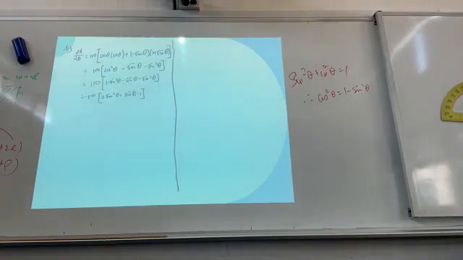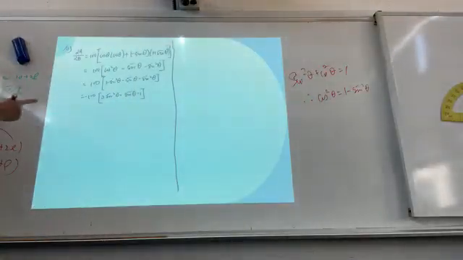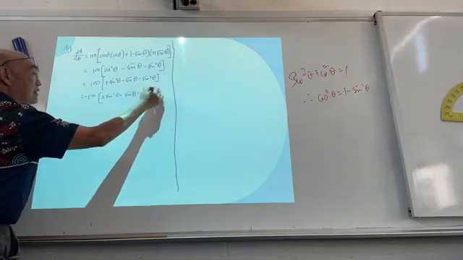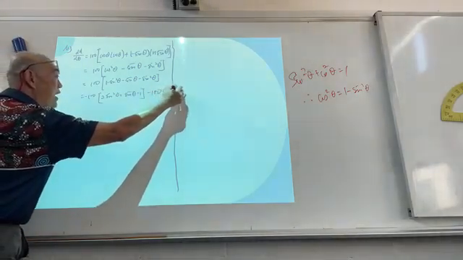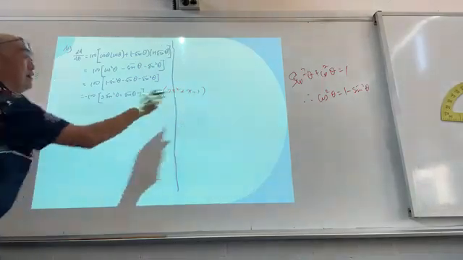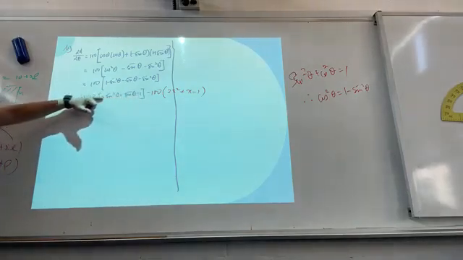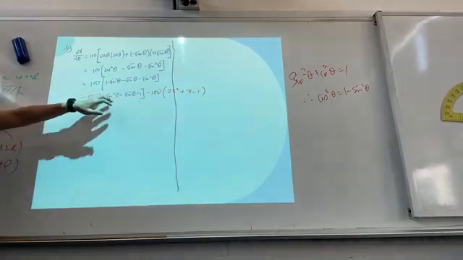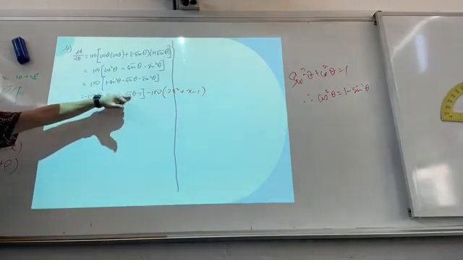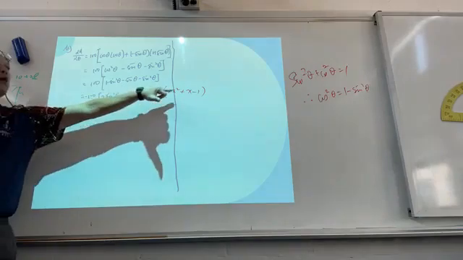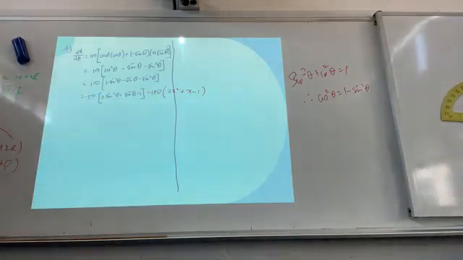Here, what I've done is, I've actually taken the negative out as well. If you are not sure how to factorize something like this, assign x to sine theta. That is actually minus 100 times 2x squared plus x minus 1. If you're not sure about factorizing something with a square of sine theta, just assign a pronumeral to sine theta so that you've got 2x squared plus x minus 1, which means you can factorize it in the way that you are used to.